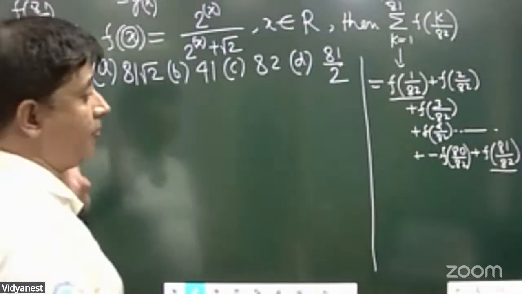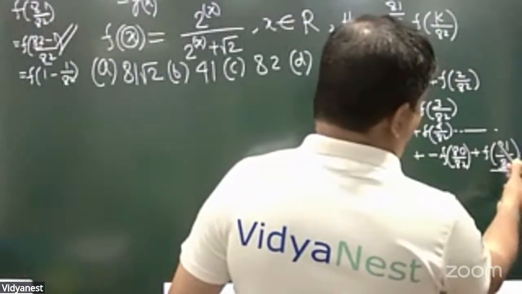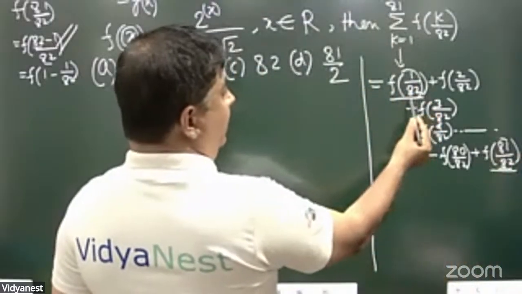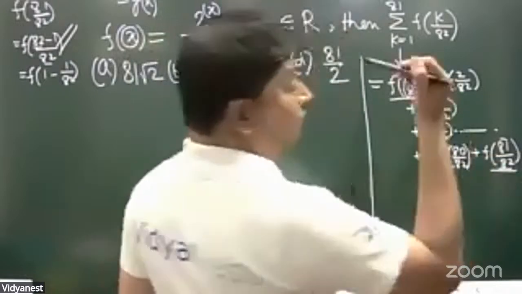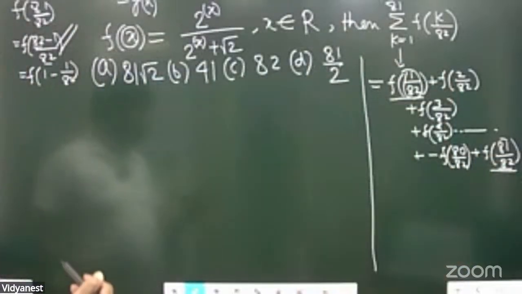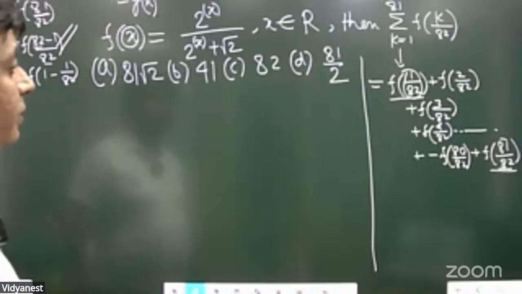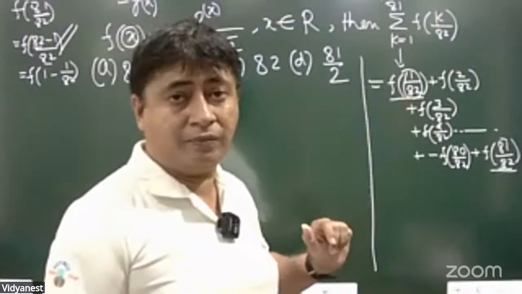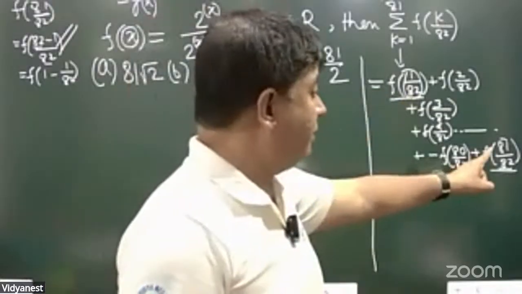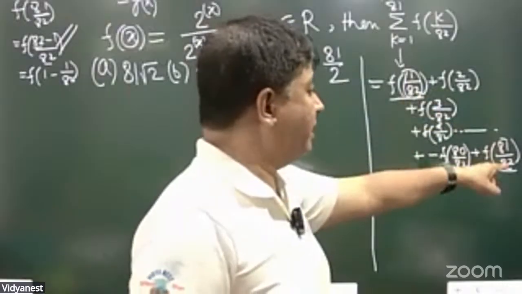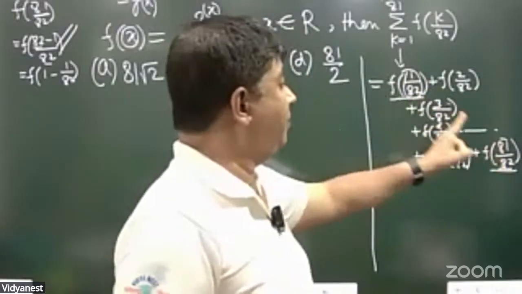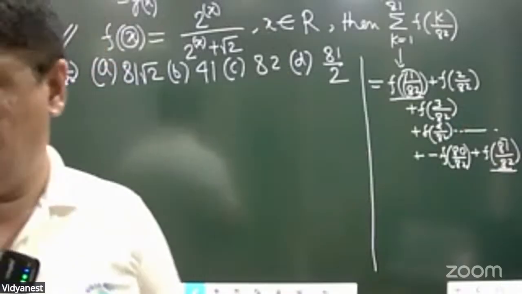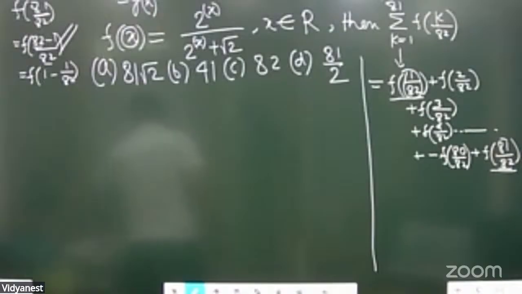That means, if I am able to express it as 1 minus 1 by 82, I can let it be x. So that will be 1 minus x. Yes or no? Suppose 1 by 82 is x. So what about 1 minus x? 1 minus 1 by 82 is 81 by 82. So I can make a pair. Yes or no? Yes, sir.